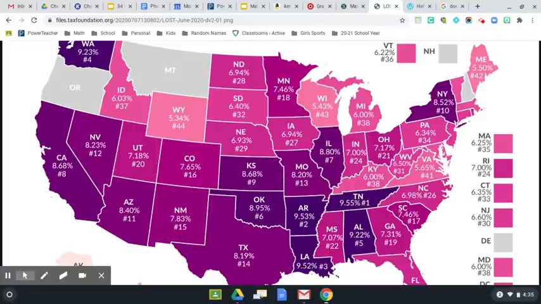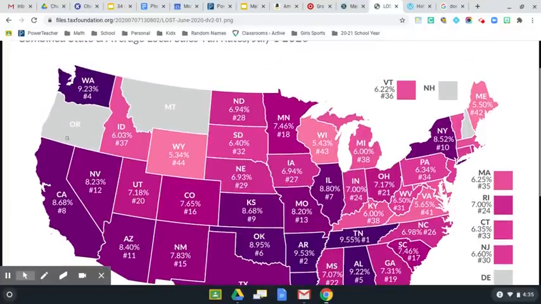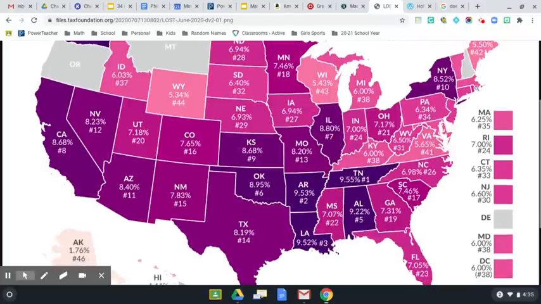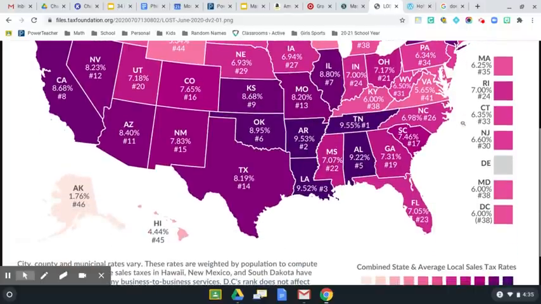So we're just below, I guess you should say, halfway. So if you look at some of these as well, some of these states are shaded gray. And so like Oregon, Montana, New Hampshire, which is over here on the east, Delaware as well, which again is on the East Coast here, and then Alaska down at the very bottom.